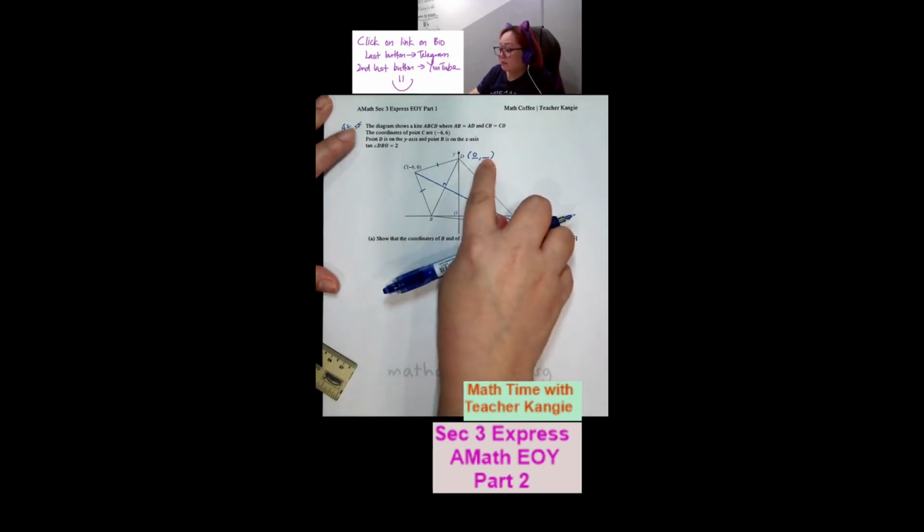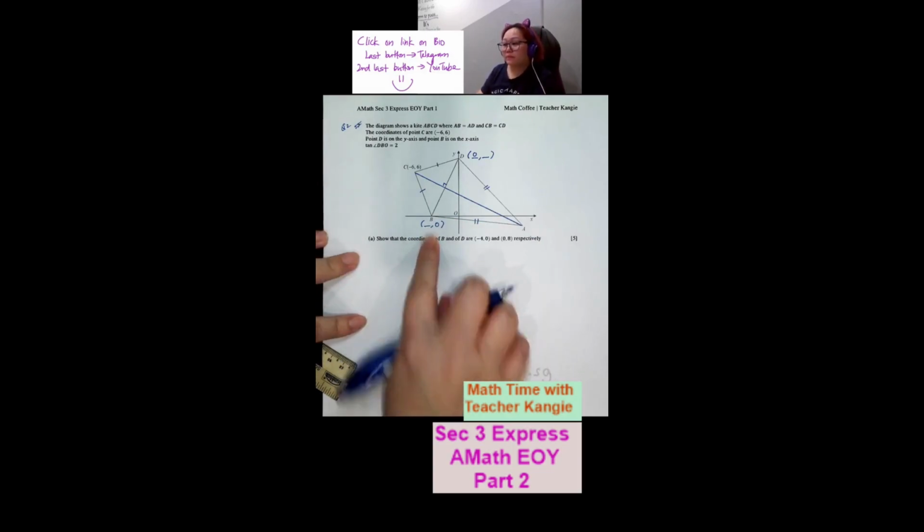Only the y coordinate I still don't know, so I just leave it blank first. Now, point B is on the x-axis, so on the x-axis, the y is 0. So over here, you put an underline and then put 0 here. The only unknown is the x coordinate of point B.